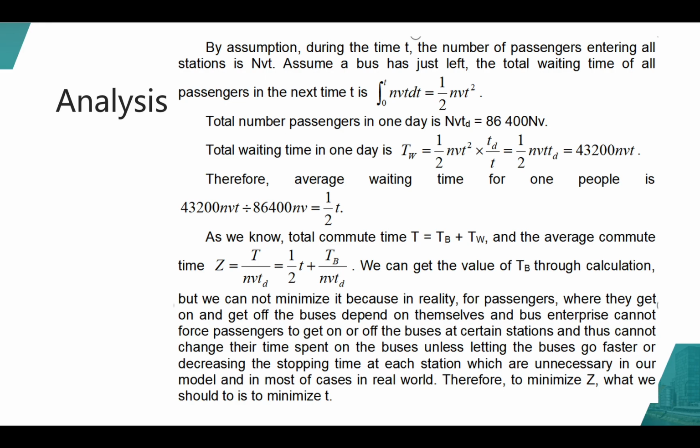However, we cannot minimize the time spent on the buses, so what we should do is minimize the waiting time, and we can calculate that the average waiting time for one person is T over 2.